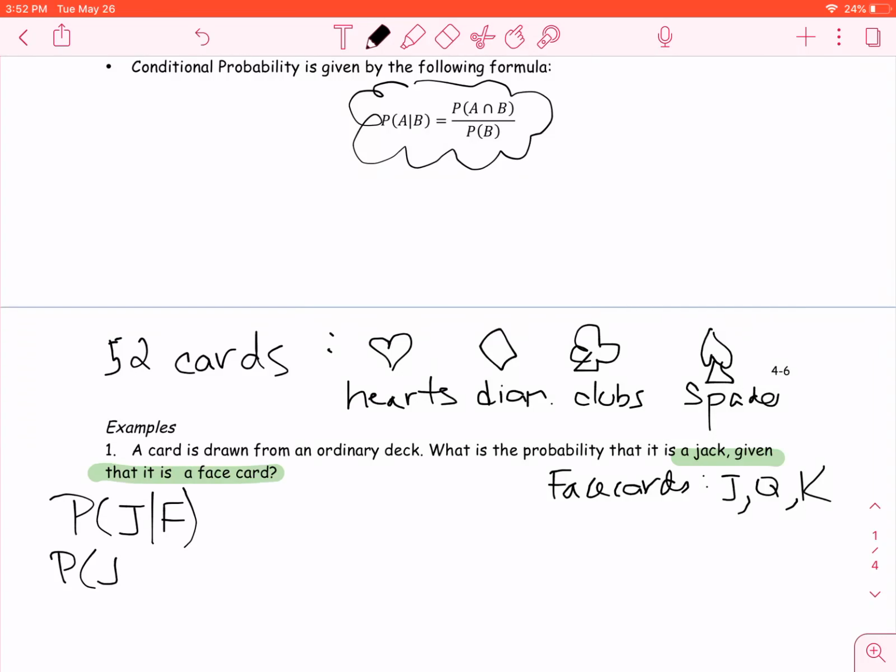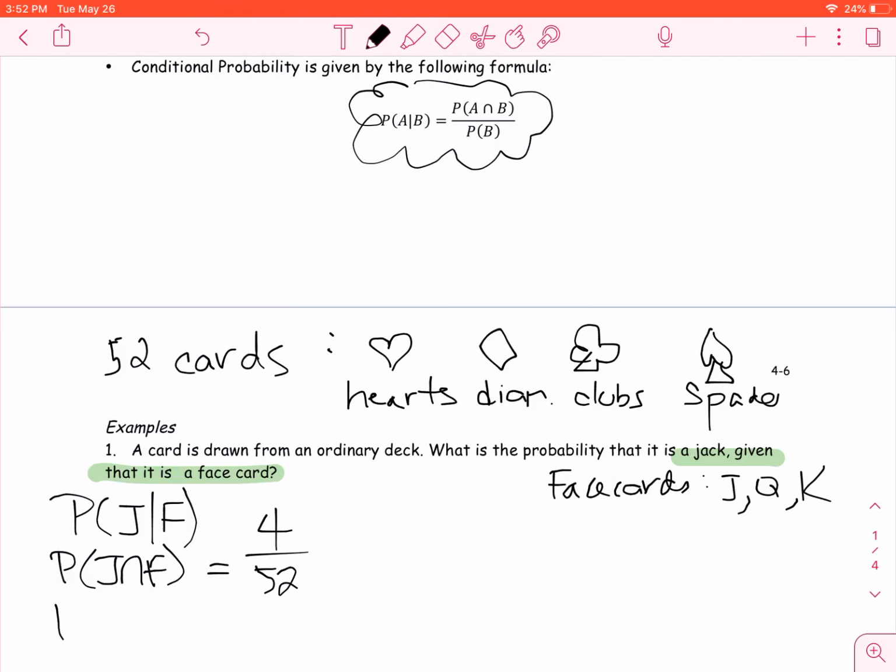What is the probability that it is a jack and a face card? Well, there are 3 face cards and there are 4 suits, so 3 times 4 is 12. I'm sorry, I went ahead and did the next one. Jacks and face cards: there are 4 jacks that are face cards, out of 52 cards.